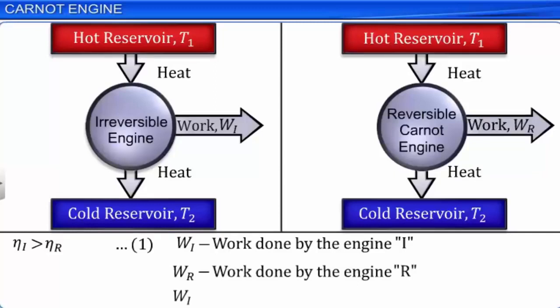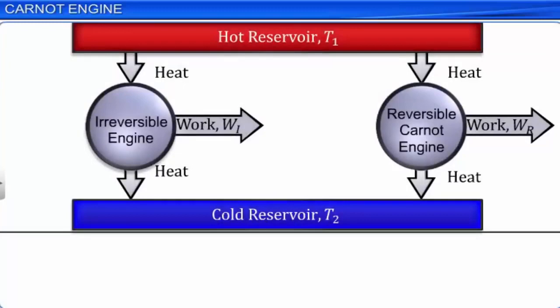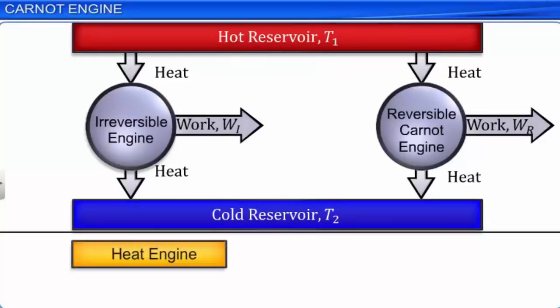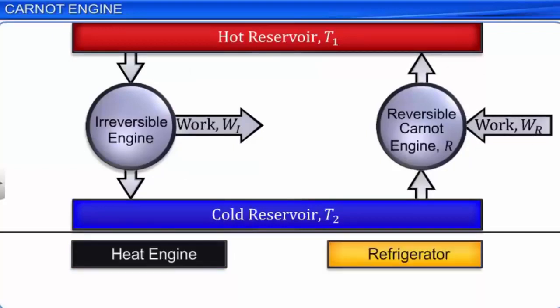Let us call this expression 2. Now, let us couple both the engines, such that the irreversible engine I works as a heat engine, and the Carnot engine R works as a refrigerator. Since the Carnot engine is working as a refrigerator, Wr is the work done on the system.